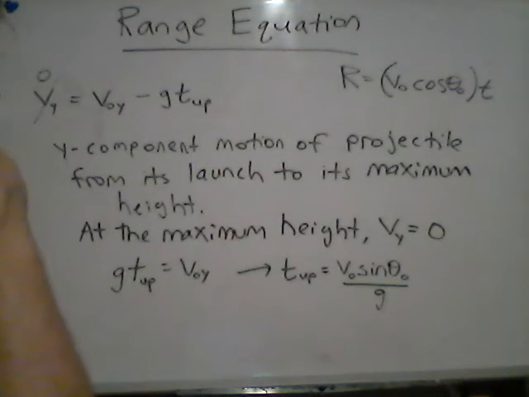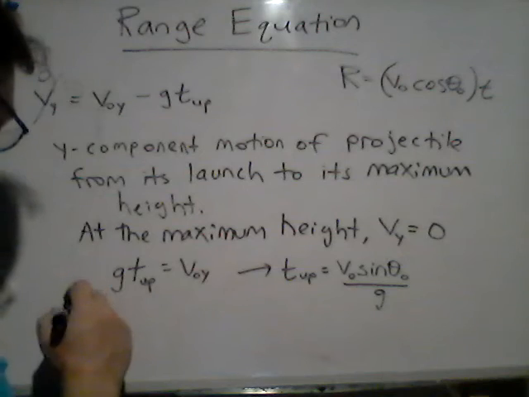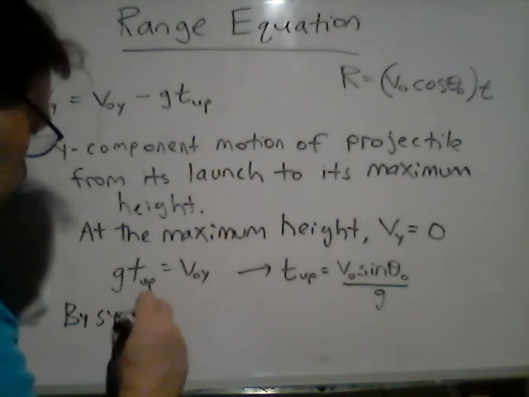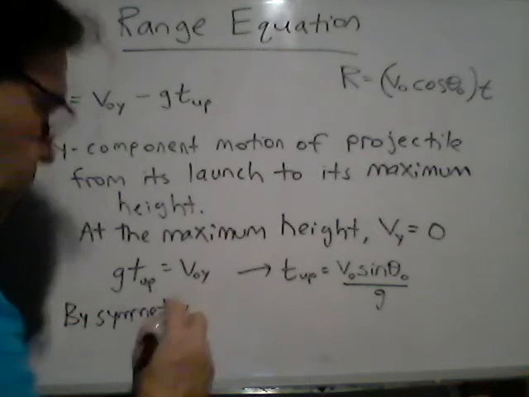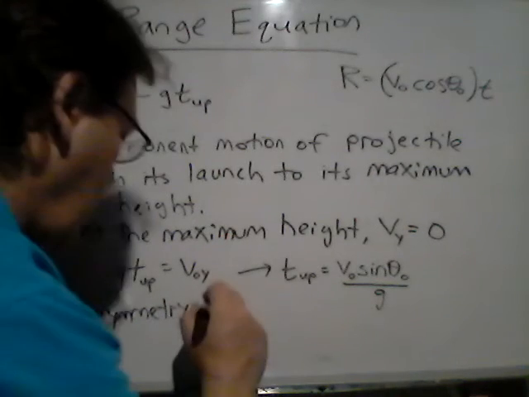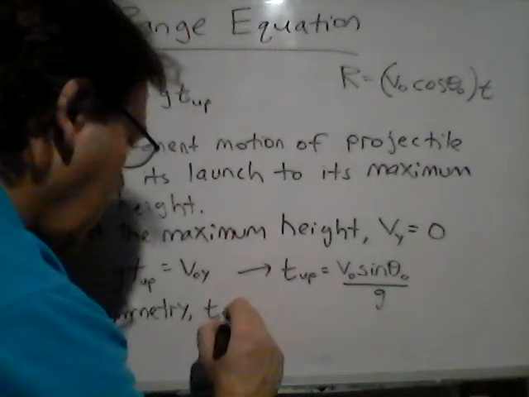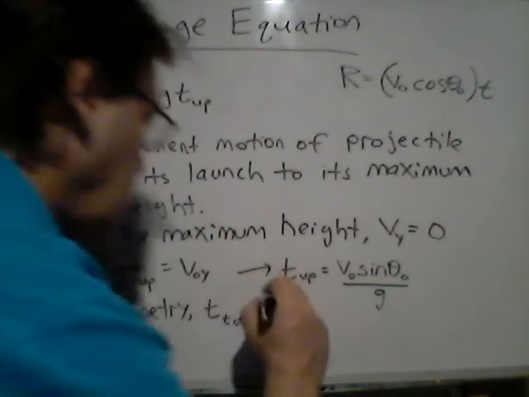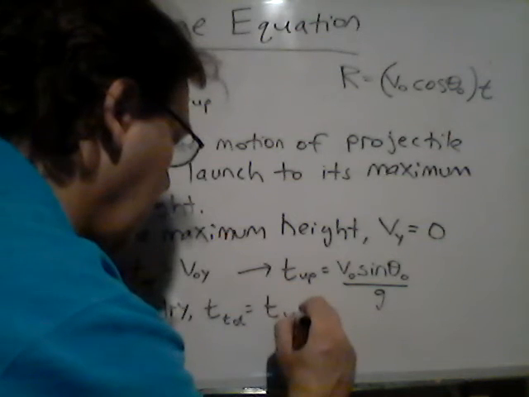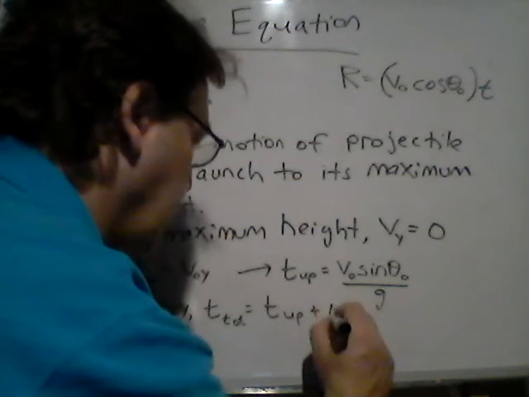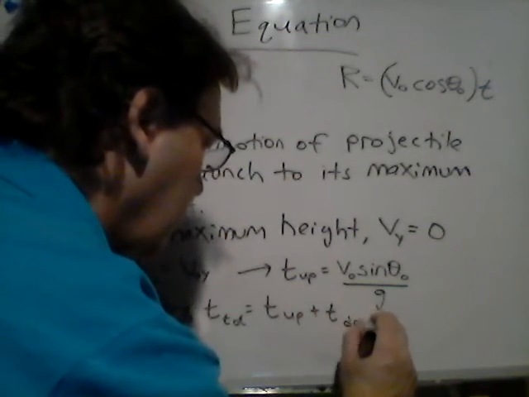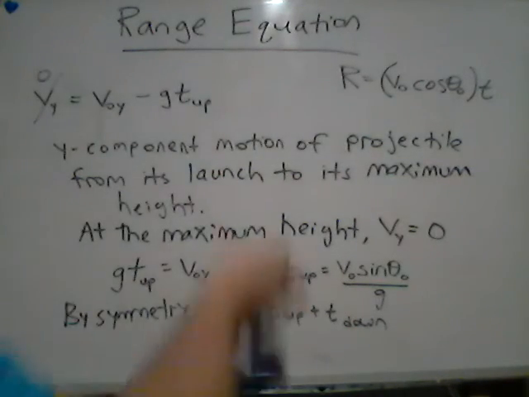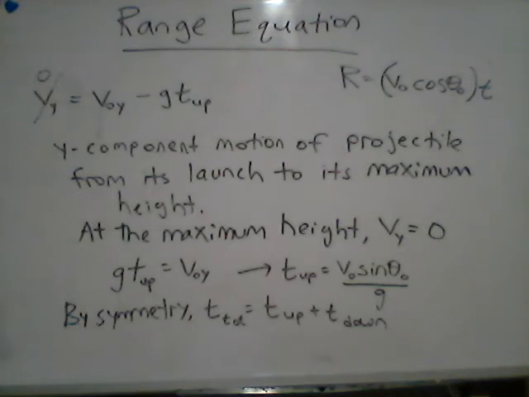Now, by symmetry, the total time, we'll say time TOT, is going to be the time to go up plus the time to go down. So there's going to be a certain amount of time for the projectile to rise and a certain amount of time for it to fall.